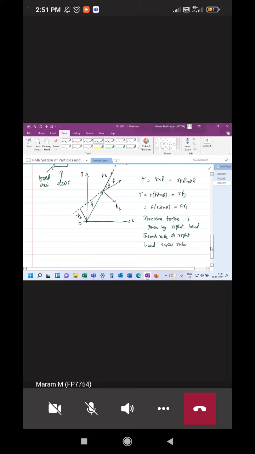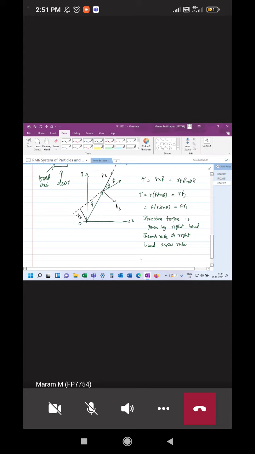So that is the way torque is defined. This is the single point where the force is acting on a point. So the torque of that force about the origin, or in fact torque can be calculated about any point. You can calculate torque about this point.